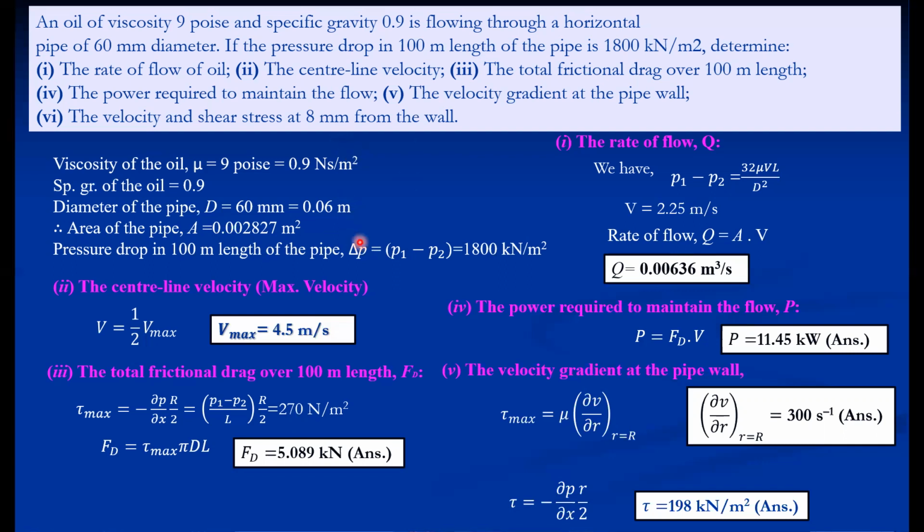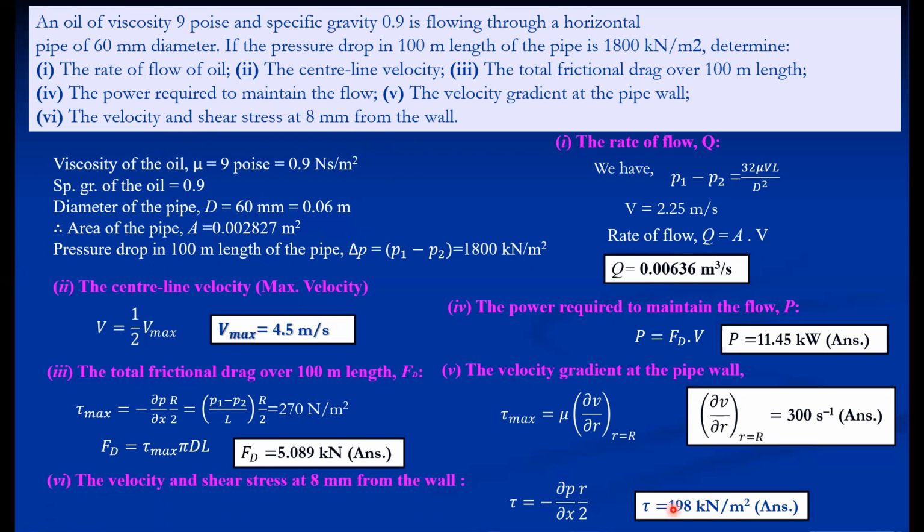So r is measured from the center. Here sometimes students make mistakes by taking the value of r directly, this is not r. This is the distance from the wall. So r is considered as 0.03 minus 8 into 10 to the power minus 3, that is r. So by putting that value, we get tau.